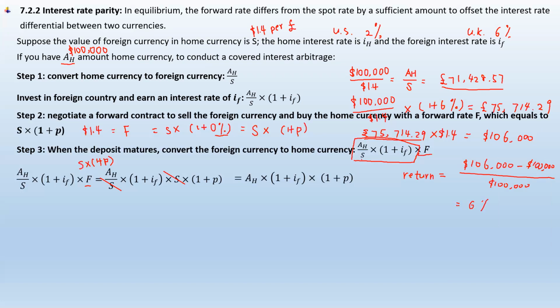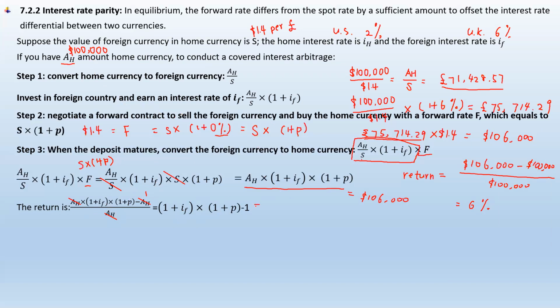This equals 6%. So this is the ending balance. Actually, this part equals this 106,000. So if we want to find the return, it will be this amount minus the initial investment, which is 100,000, divided by 100,000. Those will be cancelled out. So AH divided by AH equals 1. So this return simplifies as this.